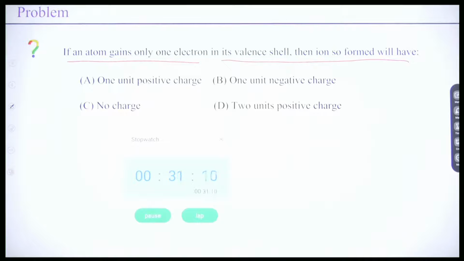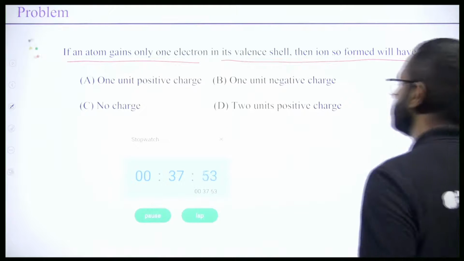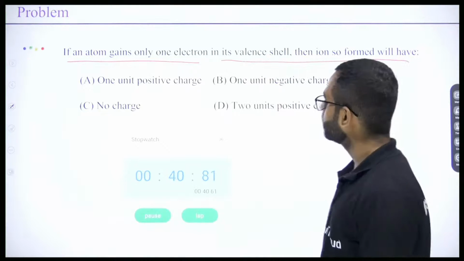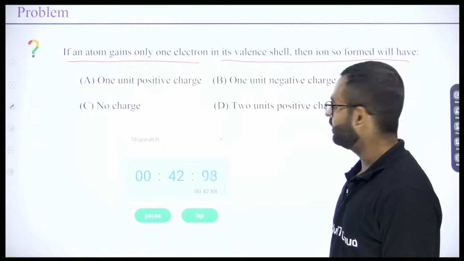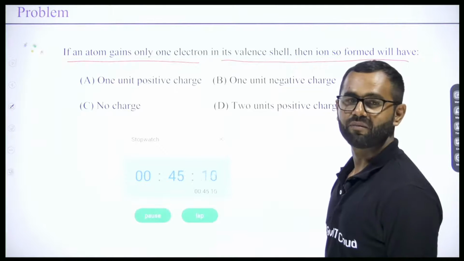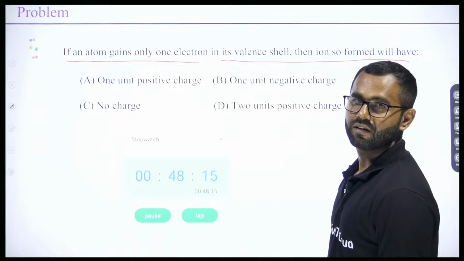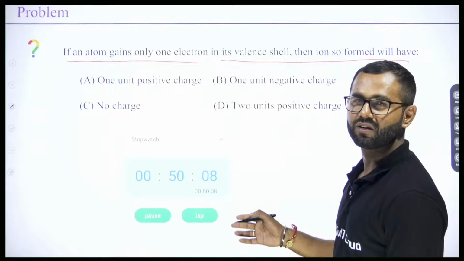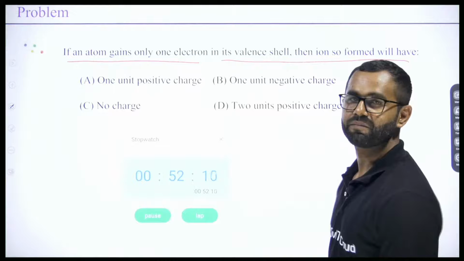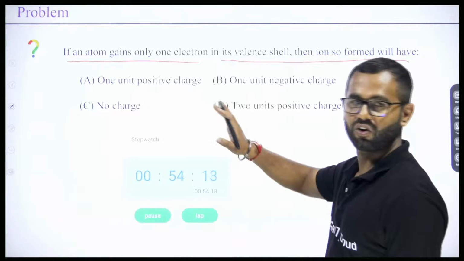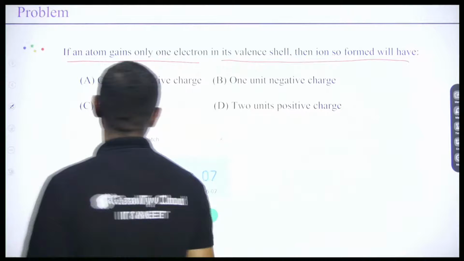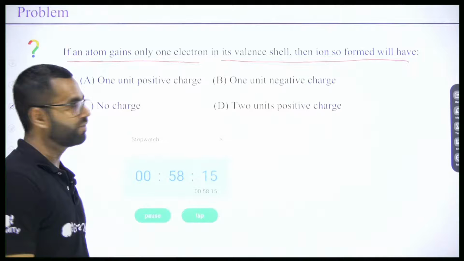Yes, did you get the answer? It's very easy, right? 43 seconds have passed, and we have already done this concept. Just 2 minutes back I taught you the same thing, right?